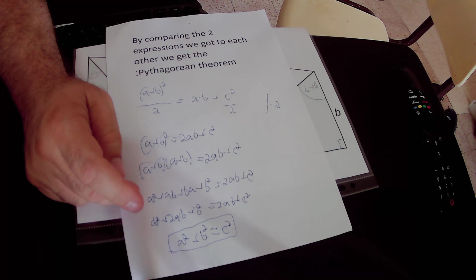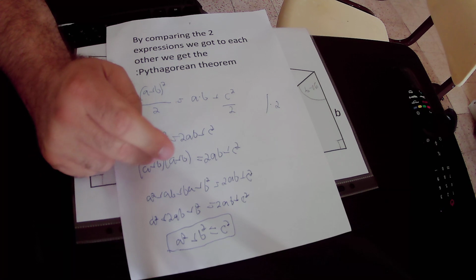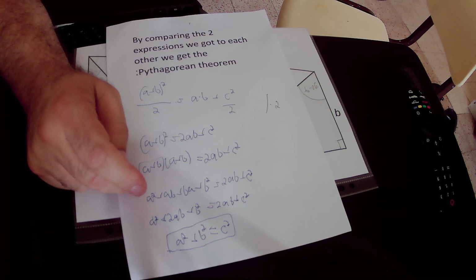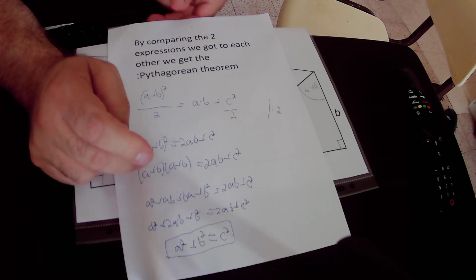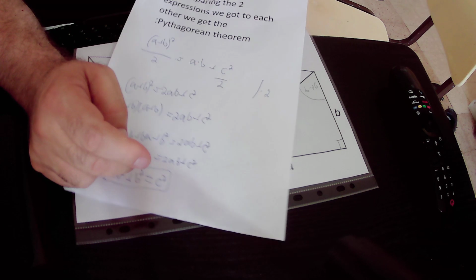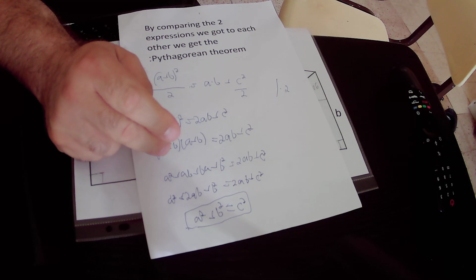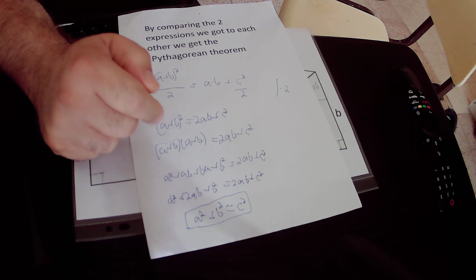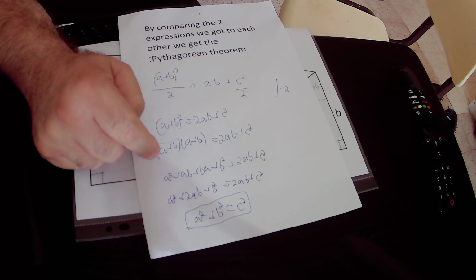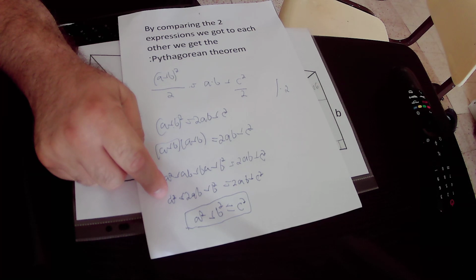And actually A multiplied by A is A squared, and B times A is BA, and B times B is B squared. Actually it is A squared plus B squared plus 2AB.